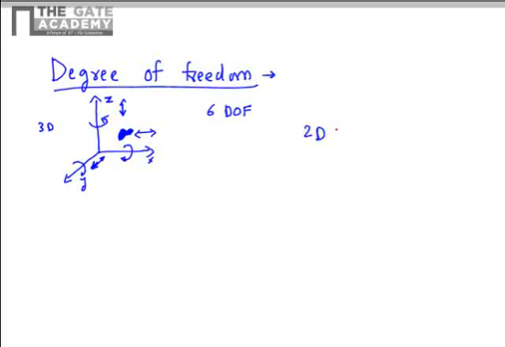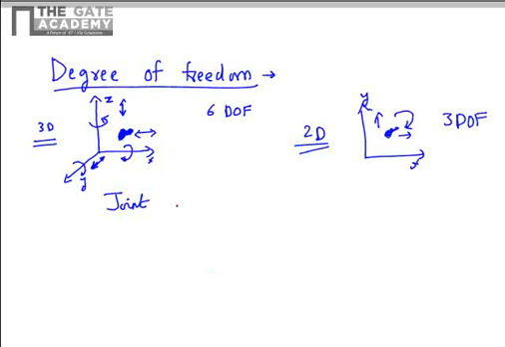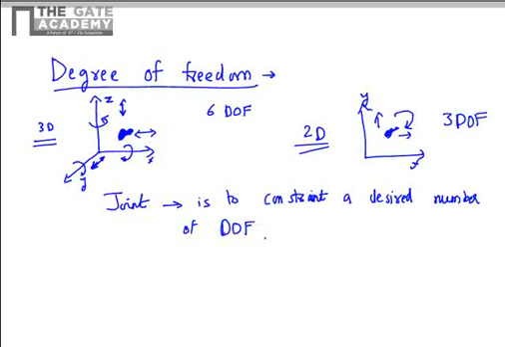Similarly, in a 2D system of coordinates, we are having 3 degrees of freedom. So the object has x direction, y direction translational capacity and a rotational degree of freedom in the xy plane or along the z axis. So the purpose of a joint is to constrain a desired number of degrees of freedom.